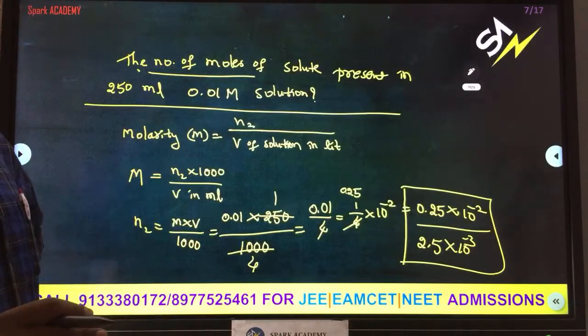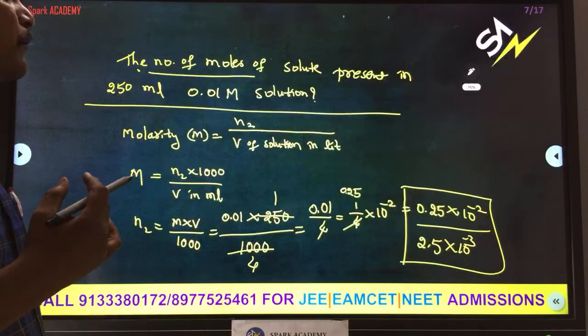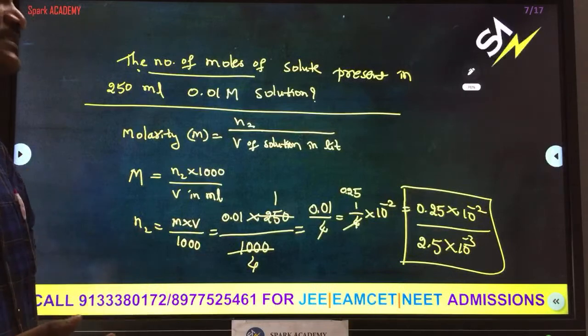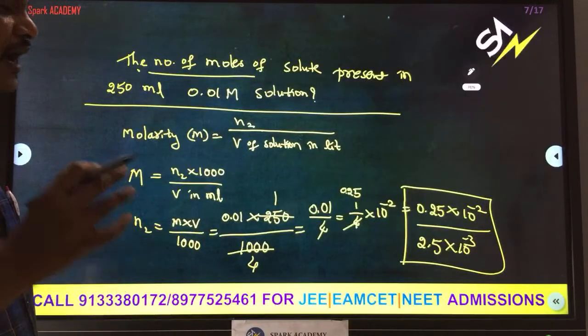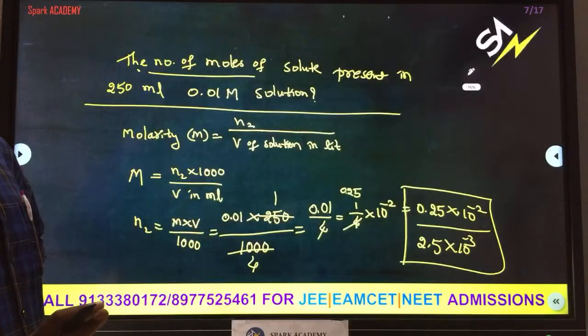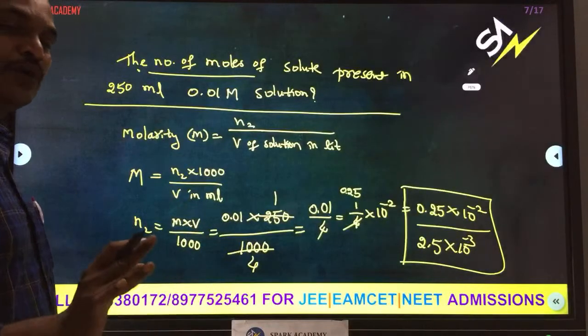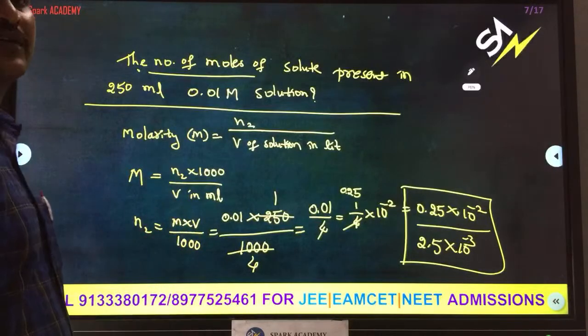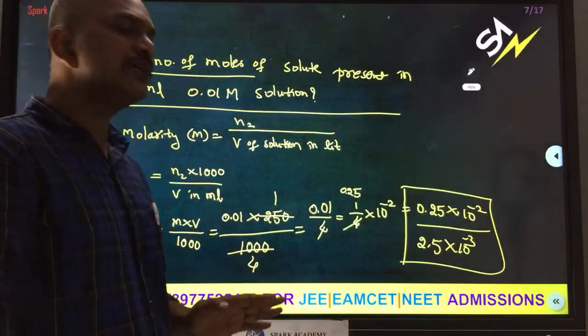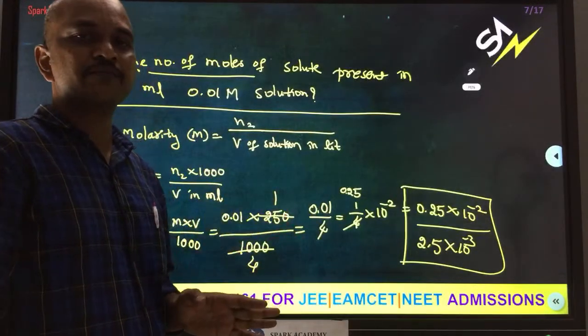Mainly, we should be able to apply the formula properly. What is given, and what formula can be applicable here? If you are able to find that first, then you can easily find the answer. First, you should carefully read the question.